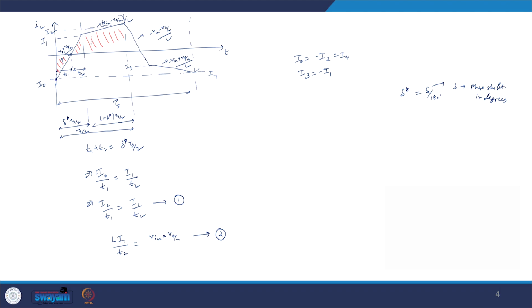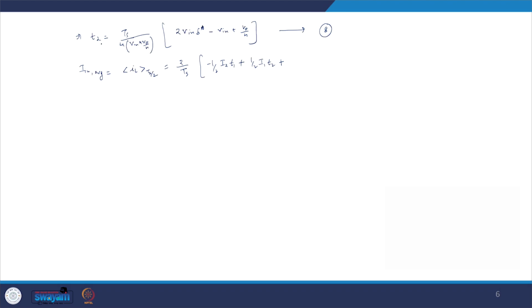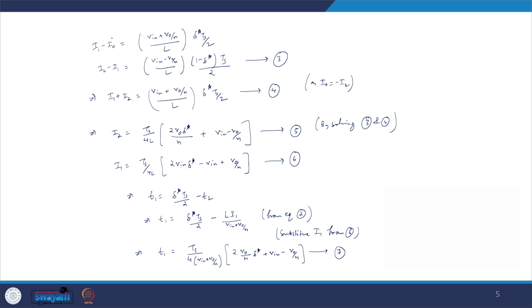The third portion is a trapezoid, so its area is half (I1 plus I2) times the time period, which is (1 minus delta star) Ts by 2. This is the entire area under this curve, shown in the shaded red portion.